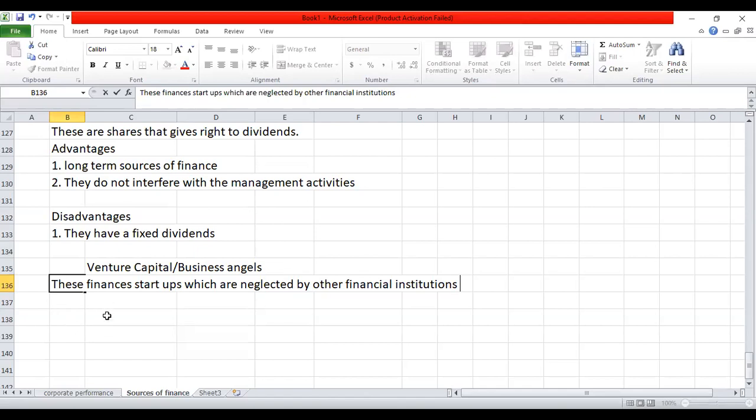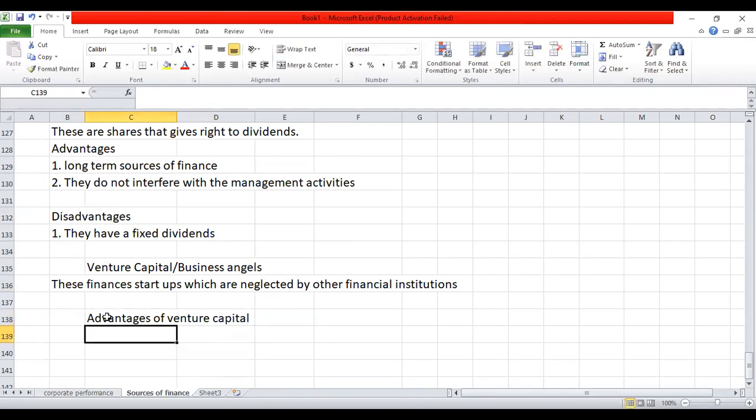Now, the advantages of venture capital, others you can read in the notes, and this part is very common. Advantages of venture capital: they finance business startups. That's number one.